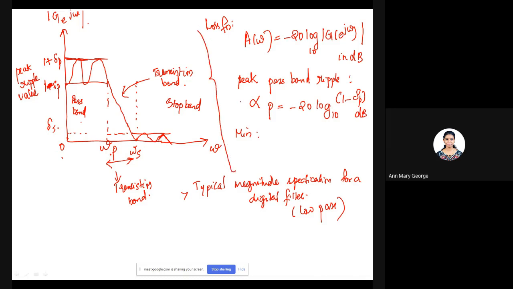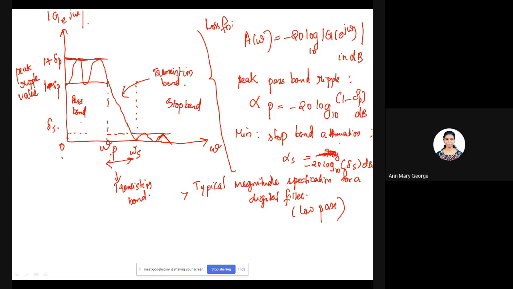And the minimum stop band attenuation, alpha s, is equal to minus 20 log 10 of del s in decibels.